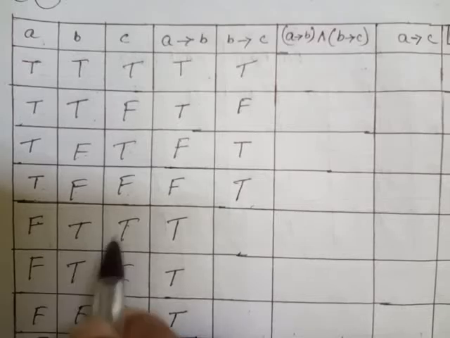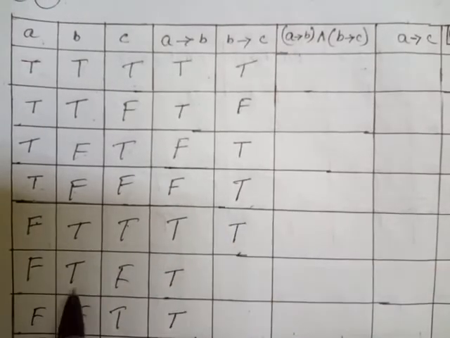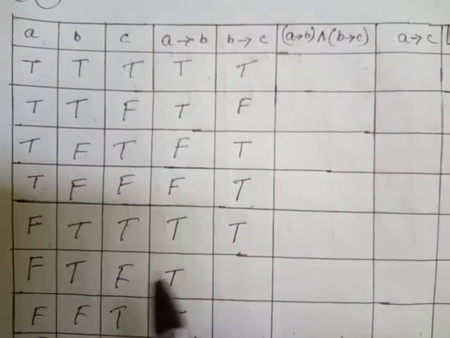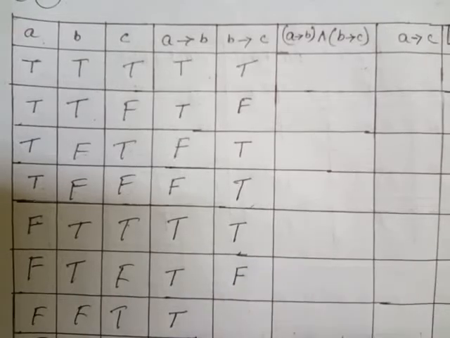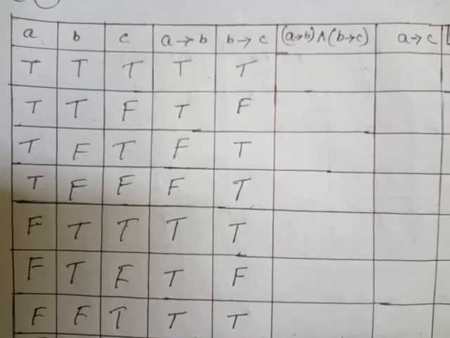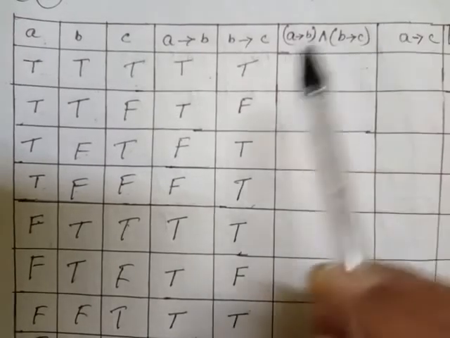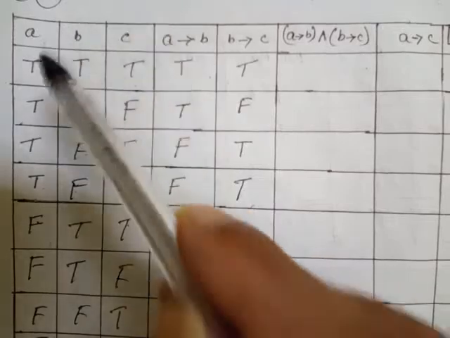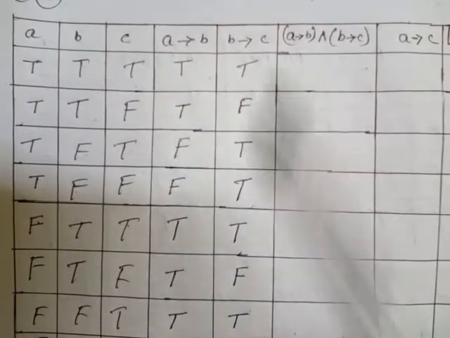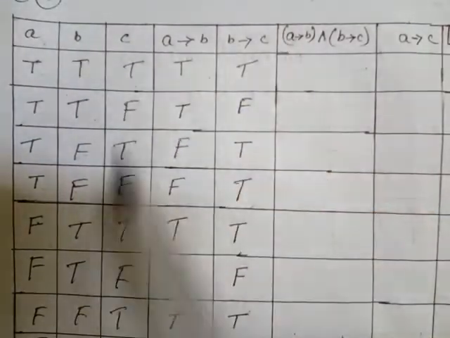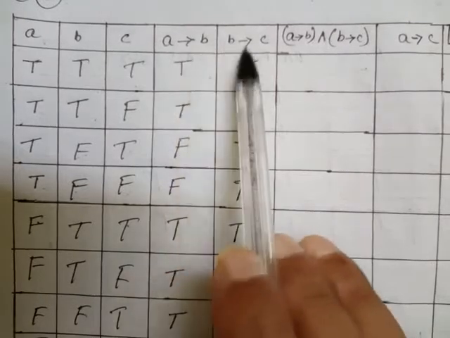Now again true true is true. Now true false is false in implication, then false true is true in implication, then false false is true in implication. So student, we have done just now A implication B depending on these two statements and B implication C depending on these two statements. So this and this are over.